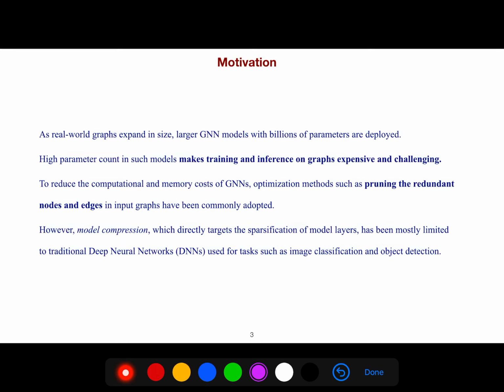However, model compression, which directly targets the sparsification of model layers, has been mostly limited to traditional deep neural networks used for tasks such as image classification and object detection.